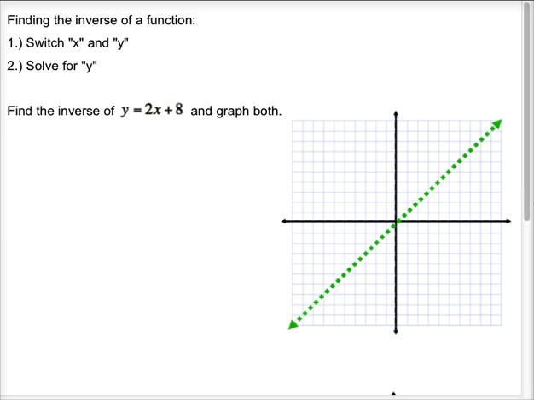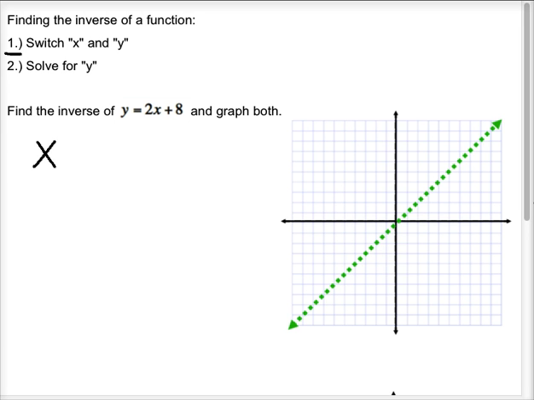You notice in all those points to create the inverse, we switched the x and y's in terms of numbers. Well, now we can do it with those variables too. Once we've done that, you're going to resolve that new equation for y, and that is going to be the inverse.